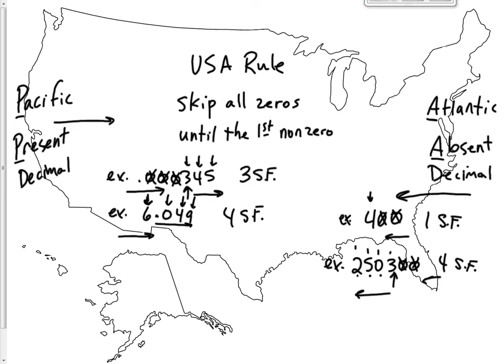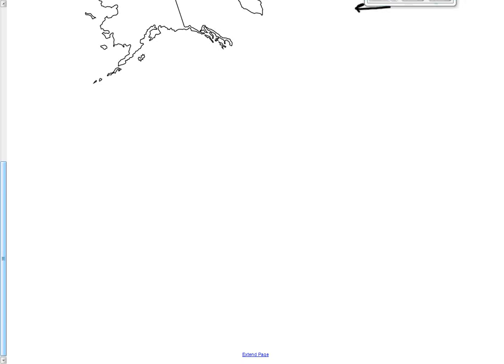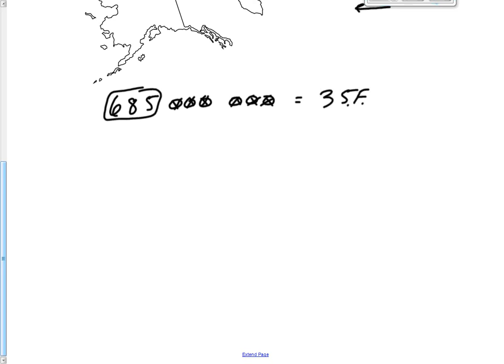Okay. Let's just do some quick examples, all right, without the math. Let's go 185 million. Well, there's no decimal, so we're going to skip all these zeros. And we have three significant numbers, three significant figures.